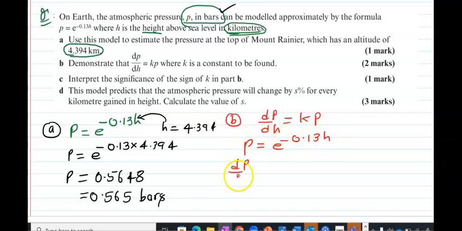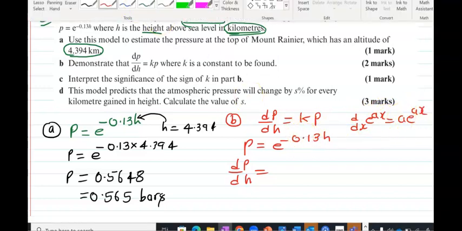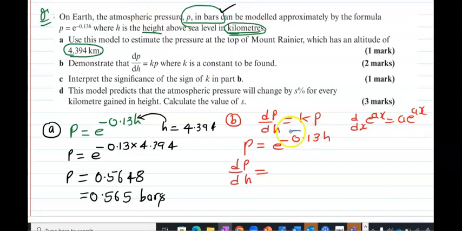If you are differentiating, using this rule, d over dx of e to the power ax, a comes forward. So here, this minus 0.13 is a. So this is coming forward, minus 0.13 e to the power minus 0.13h. Yeah, is that okay? So this is your differentiation.